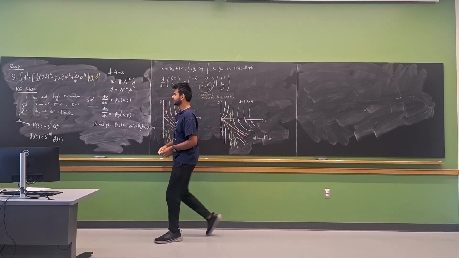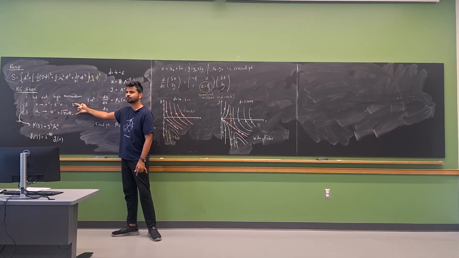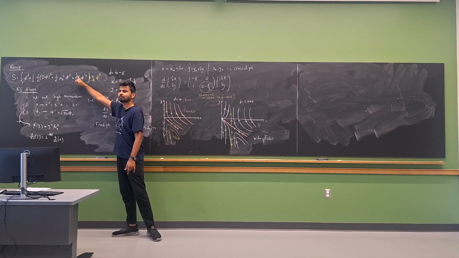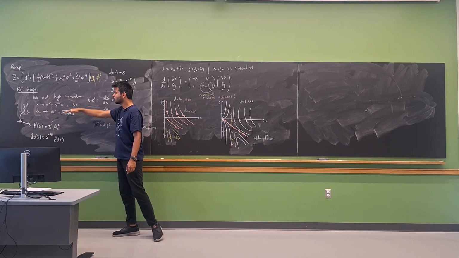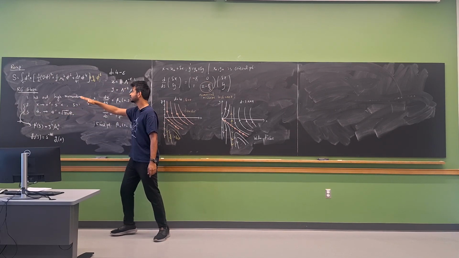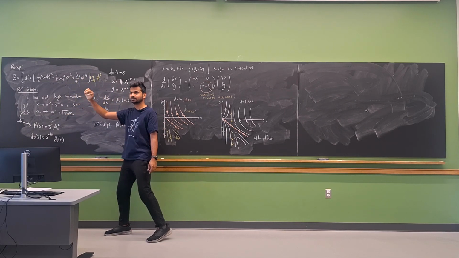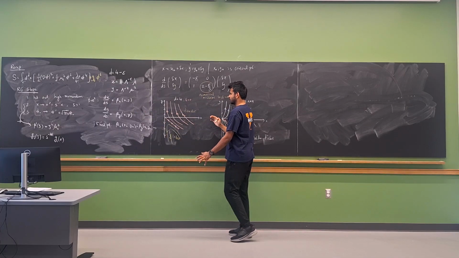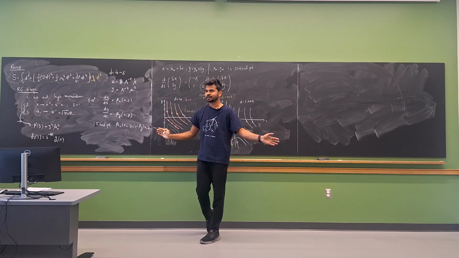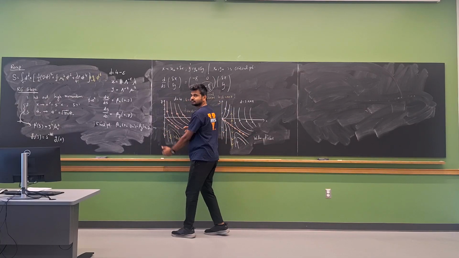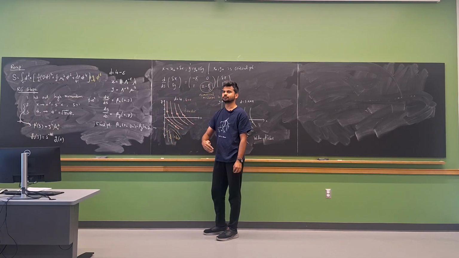By doing these two steps only in d equal to 4, we find that this is marginal, meaning it doesn't change. But after doing all the steps, we find that this is also irrelevant. So no matter where you start in this infinite dimensional space, you end up on this line after doing RG.